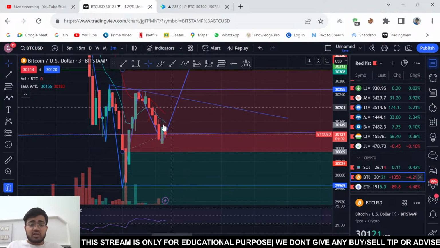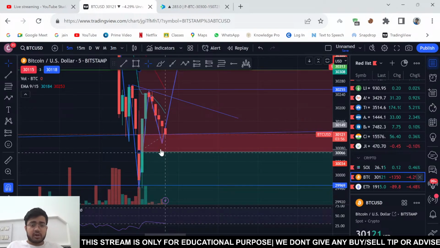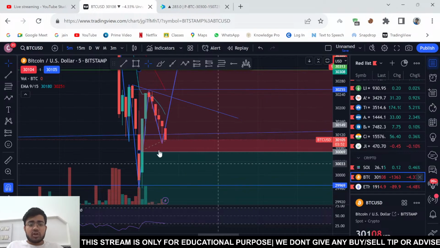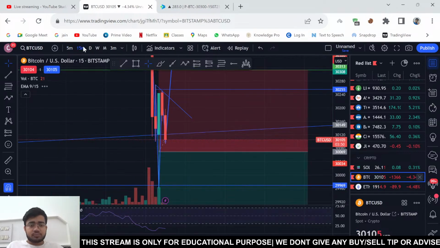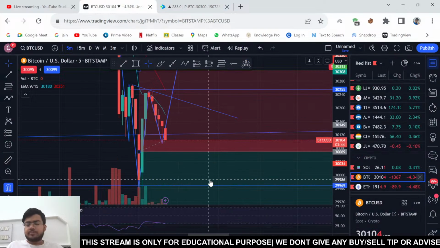I've not exited the trade yet because it did take a rejection on the 5 minute time frame and then came back. So I was waiting for it to give a proper closing as such. Let's just wait on those diamond hands, because right now the premium is showing that I'm going to be entering into a profits range very soon.